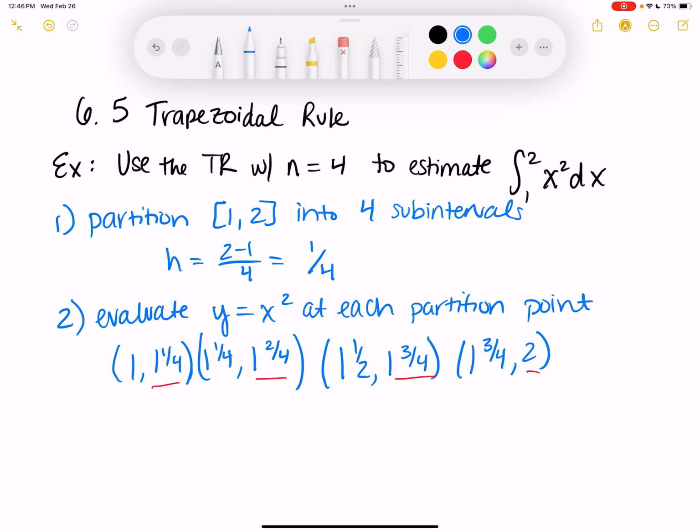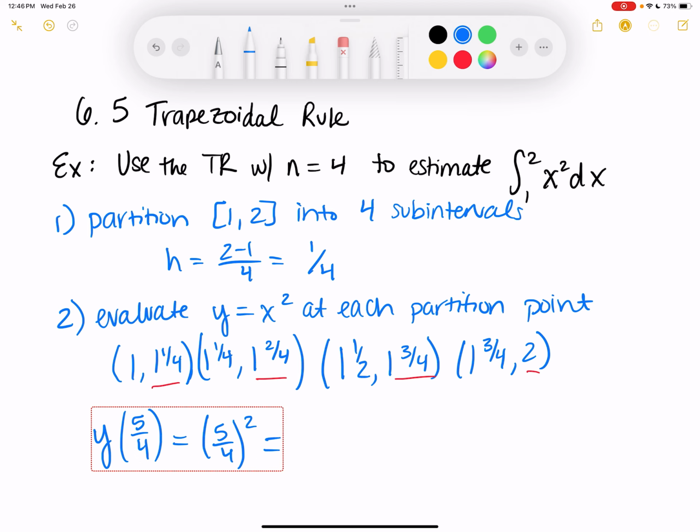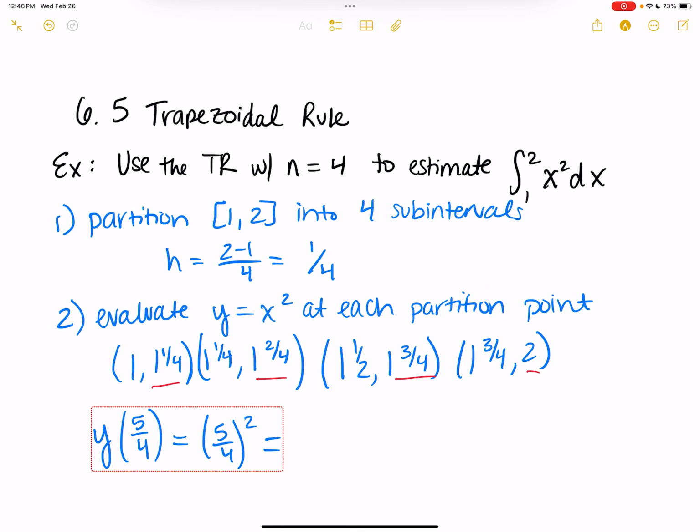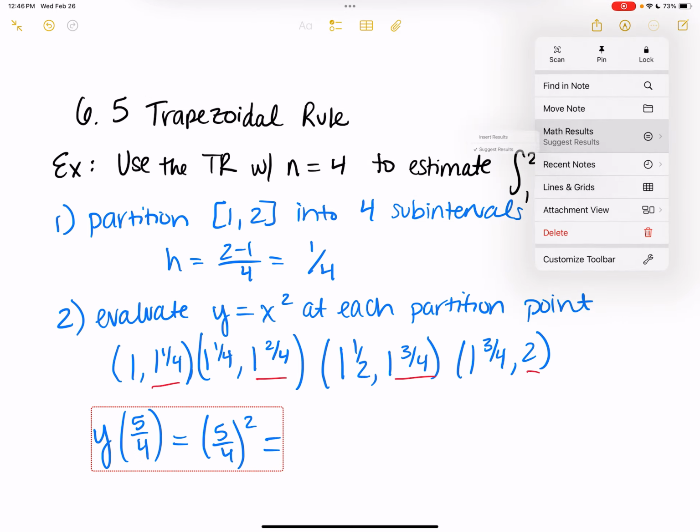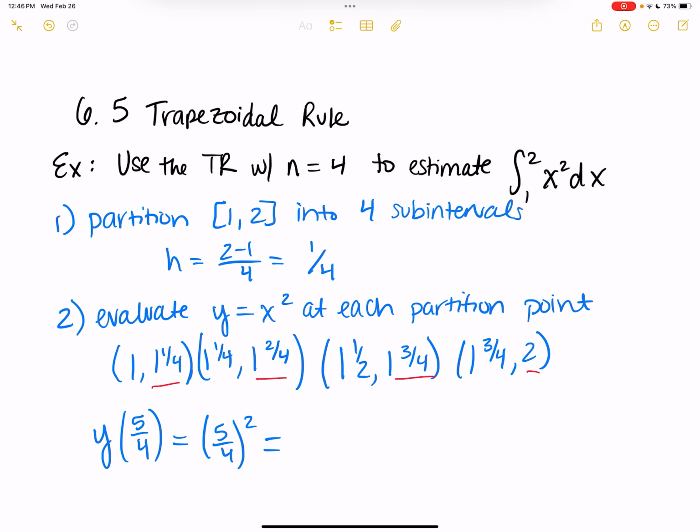So then y of 5 over 4, which is this first one, is 5 over 4 squared, 25 over 16.